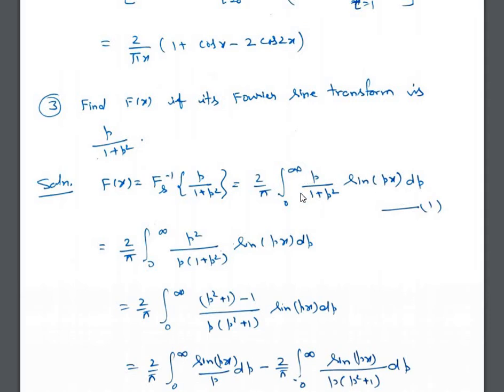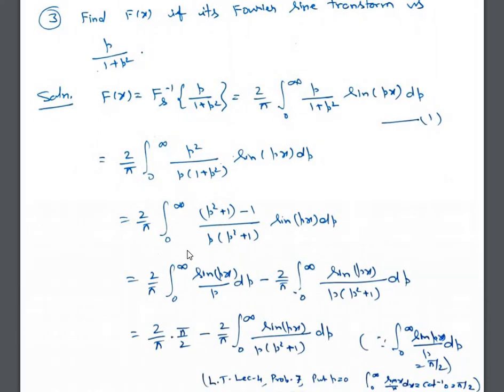Now multiply and divide by p, so we have 2/π times the integral of p² · p/(1+p²)... wait, rather p²/(p(1+p²)) sin px dp. Add 1, subtract 1, so we have 2/π times the integral from 0 to infinity of (p² + 1 − 1)/(p(p² + 1)) sin px dp.